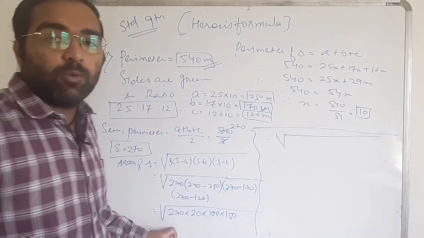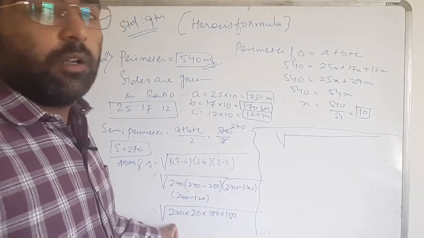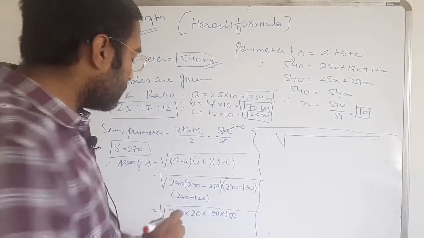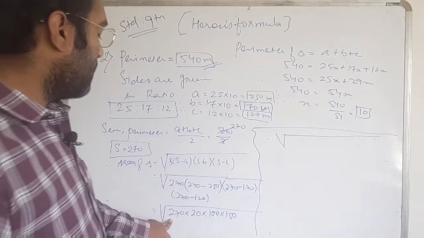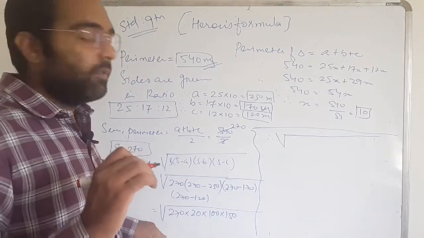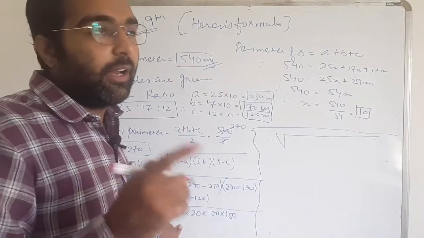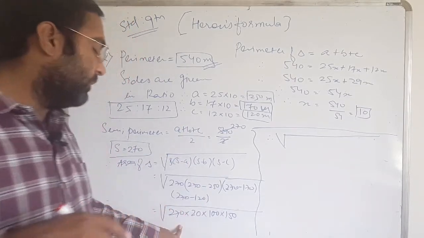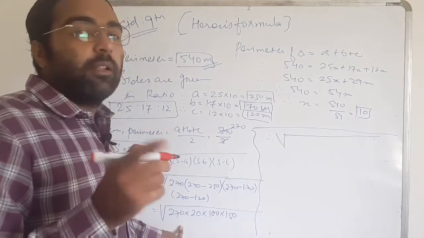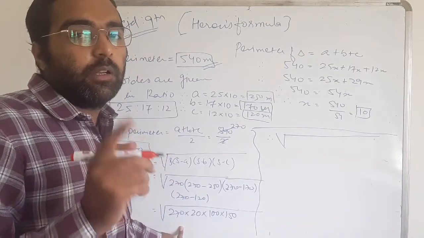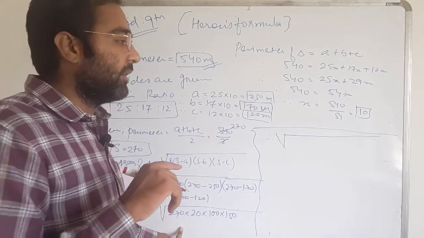Now we have to factorize 270. I could factorize 270 as 90 into 30, but there is no square root of 90 that works, so we take 30 into 9, because 9 is a perfect square, its square root is 3.